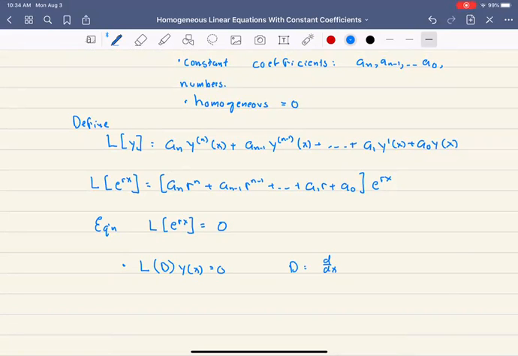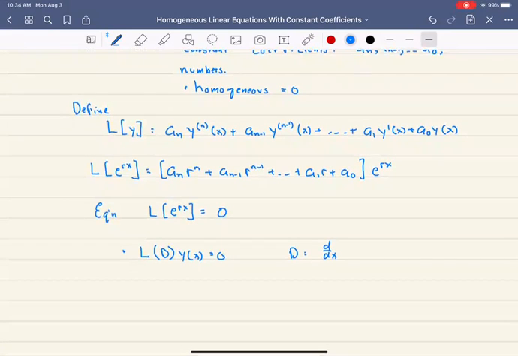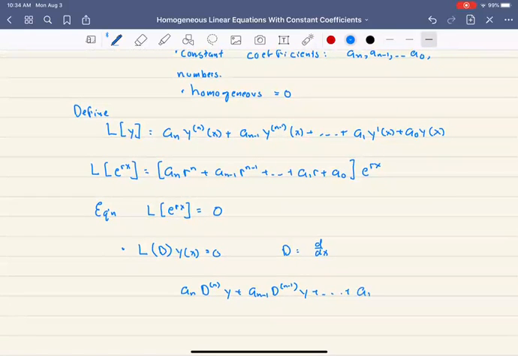So we say a sub n times the nth derivative of y, plus a sub n minus 1 times the n minus 1 derivative of y, all the way down to a sub 1 times the derivative of y, plus a sub 0 y equals 0.